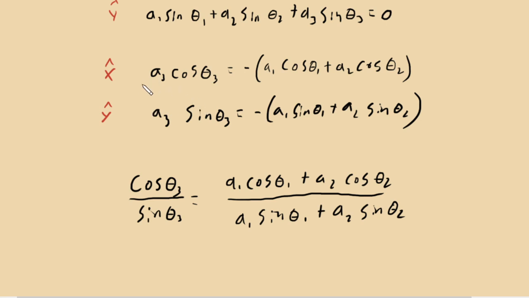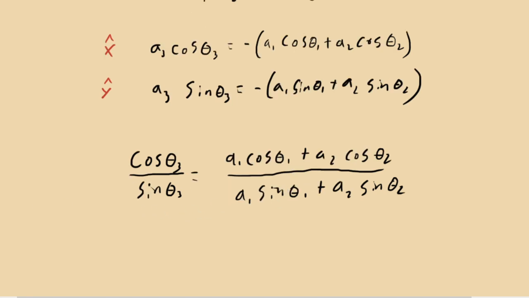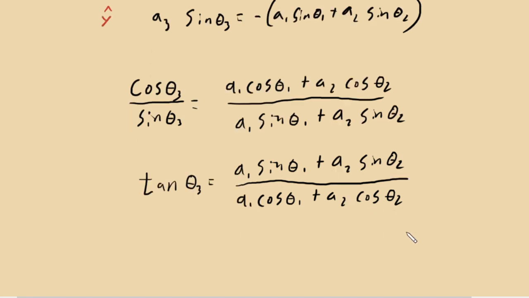If we divide this equation by this equation, our negatives cancel and our acceleration cancels on the left side. If we take the inverse of each side, just flip them over, we have sine over cosine, which is just tangent, and on the right side we're just swapping the numerator and denominator.